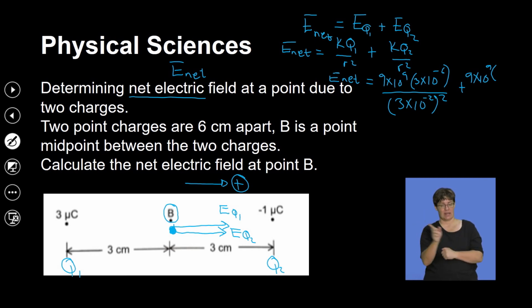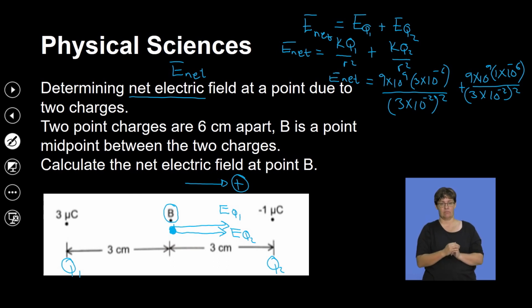So if we put a negative there for the magnitude of the charge, it's going to mess up our direction. So that's the main thing as far as determining E net. So this is 1 times 10 exponent negative 6 over the square of the distance, which is the same 3 times 10 exponent negative 2, and then we square that distance.